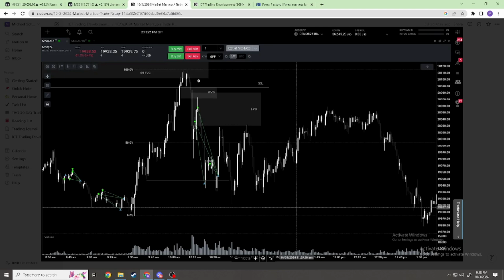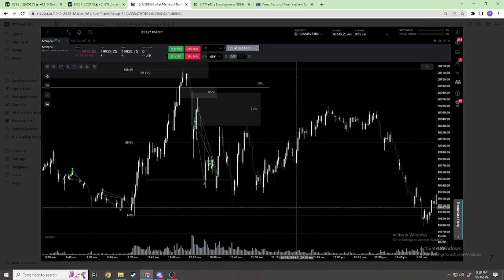So after news, this is a perfect silver bullet model from 2022, mentorship from ICT. So after 10 o'clock, from the 10 to 11 o'clock window, you're looking for a run of some sort of liquidity on a higher time frame, and we poke into this 4-hour fair value gap, and we just take a bite out of it. We don't go all the way up. We respect it.